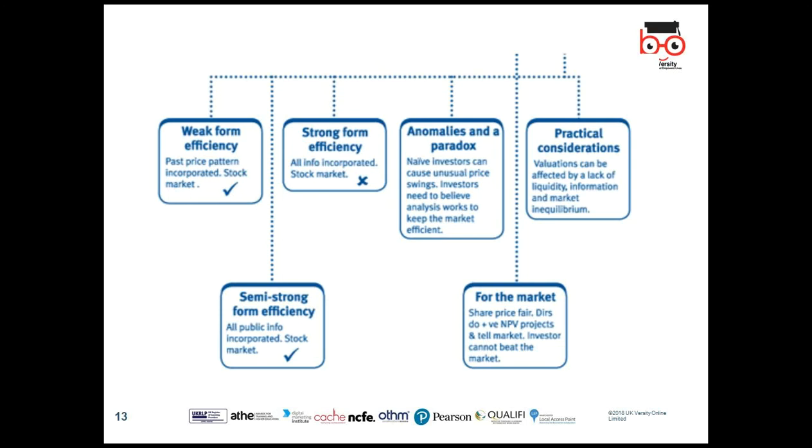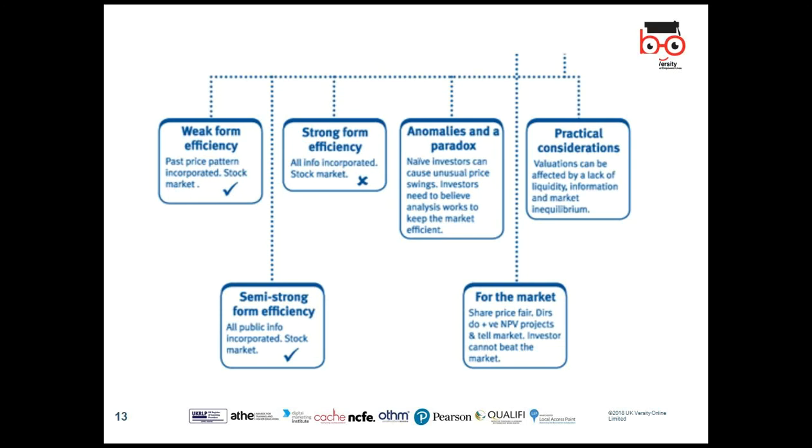Then there is semi-strong form efficiency. Semi-strong, not strong. All public information, just the information in the public domain, is incorporated into the stock market. We're giving them all the information in terms of the stock.